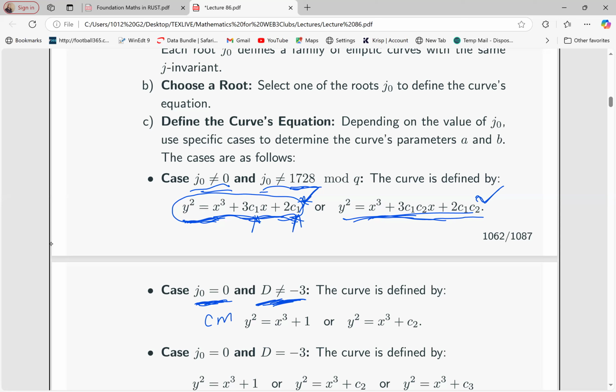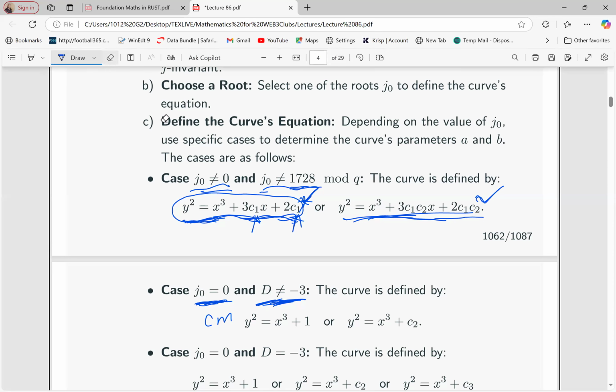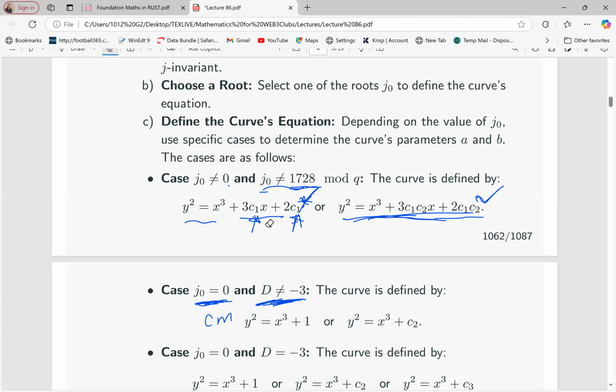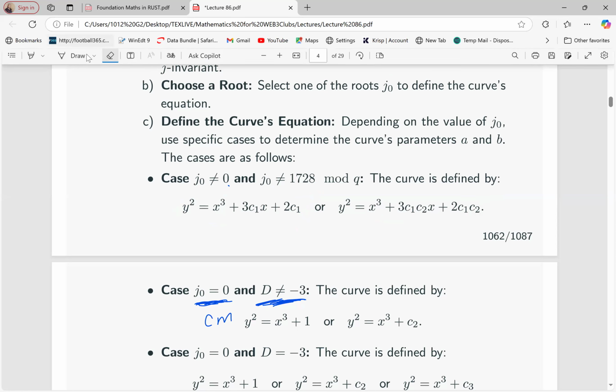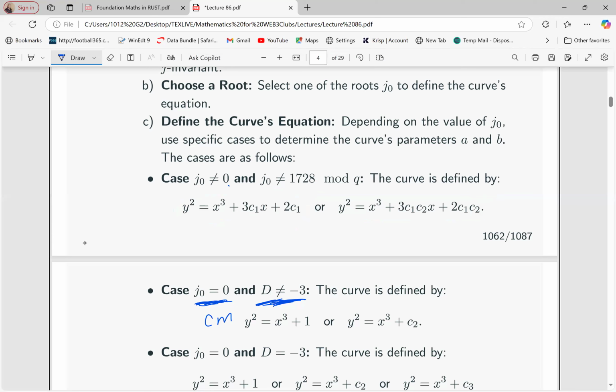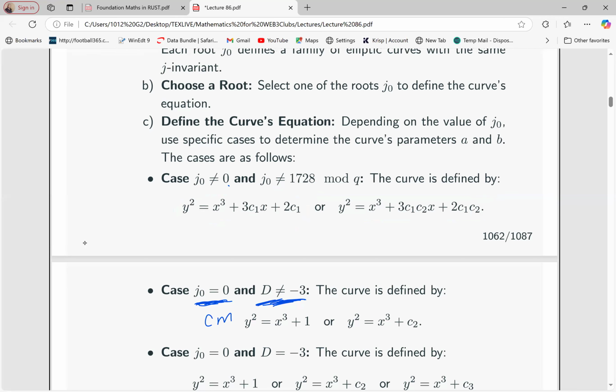You've done your Rust code, and you found in the first case that your J invariant was not equal to 0 and at the same time was not equal to 1728. Then the equation of your curve would take this shape or this one, one of those. Now, let me say this was not your case.